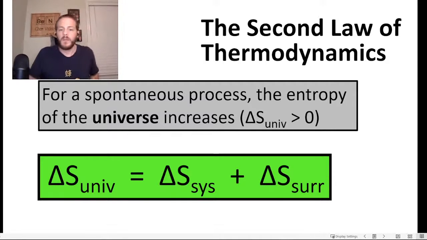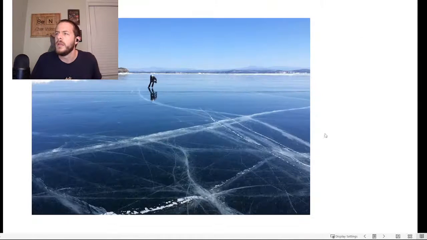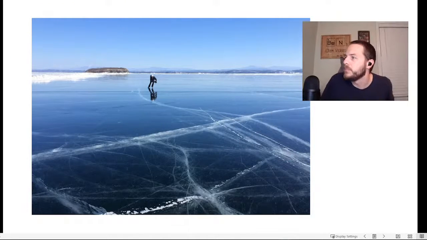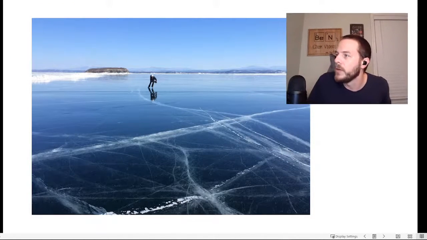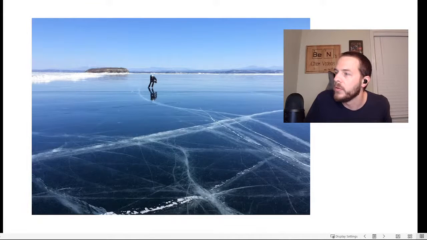So you might be thinking to yourself, well, there are some situations that occur spontaneously, but it seems like, according to the second law, entropy is actually decreasing. So imagine a frozen lake. This is some location in which the weather is very, very cold, certainly lower than 0 degrees Celsius.